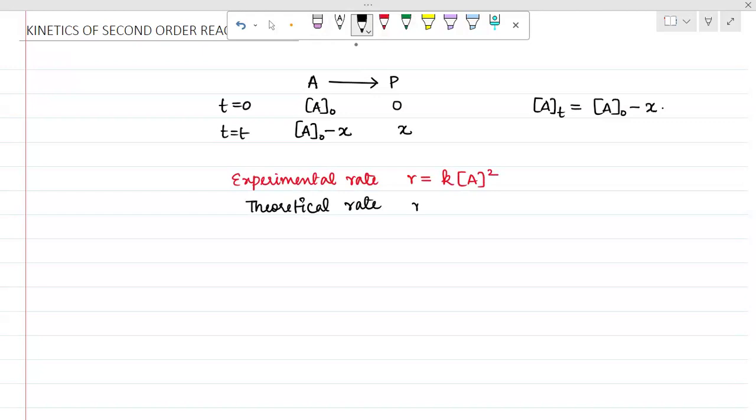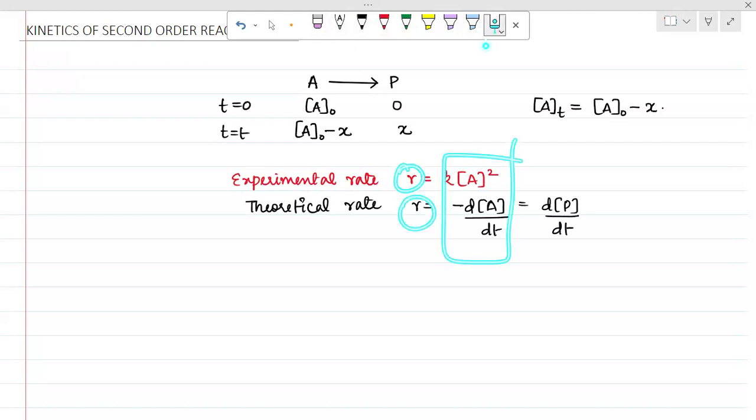Theoretical rate R is equal to minus dA by dt, which is equal to dP by dt. Correct? Now, this is also rate. This is also rate. You can take these two, equate them and integrate. That's all.